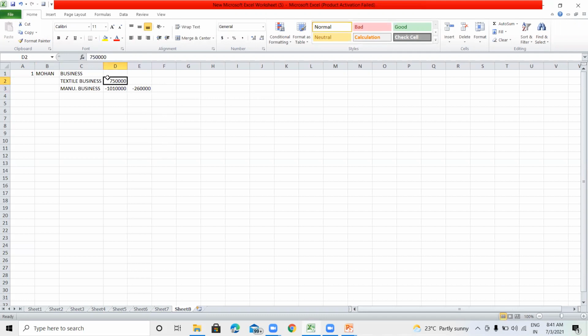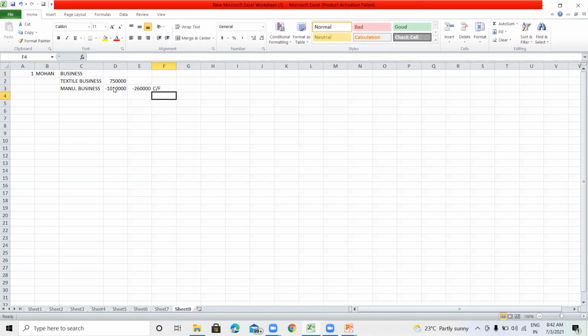In the relevant assessment year, the amount of profit is only 7,50,000 and the loss from the other source is 10,10,000, so we can set off the loss only up to rupees 7,50,000. This means 2,60,000 rupees will be carried forward to the next assessment year.